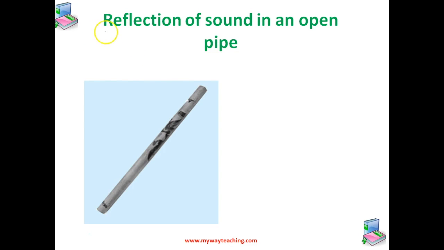Reflection of sound in an open pipe. See, when a high pressure pulse of air is traveling down an open pipe, it reaches the other end. Its momentum drags the air out into the open, where pressure falls rapidly to the atmospheric pressure.